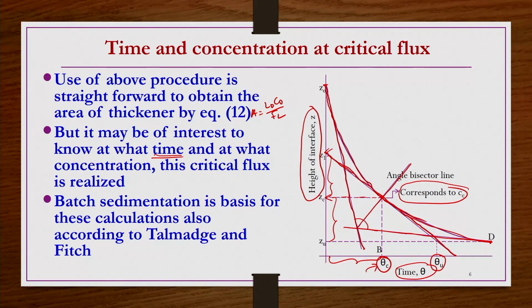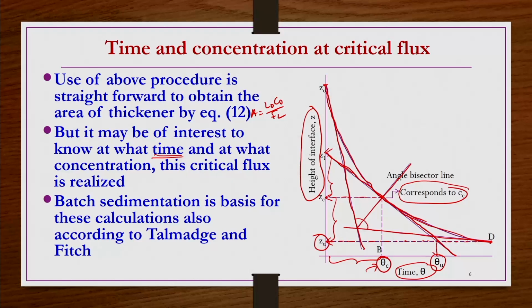Now, when you draw this tangent at theta equals theta c, you extend it, and at the final data point, let us say that point D, you draw a horizontal line. Wherever this horizontal line intersects the y axis is nothing but Zu, and this horizontal line intersects the tangent at theta equals theta c.